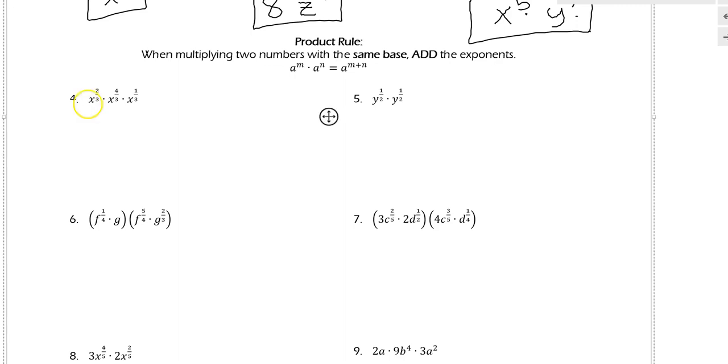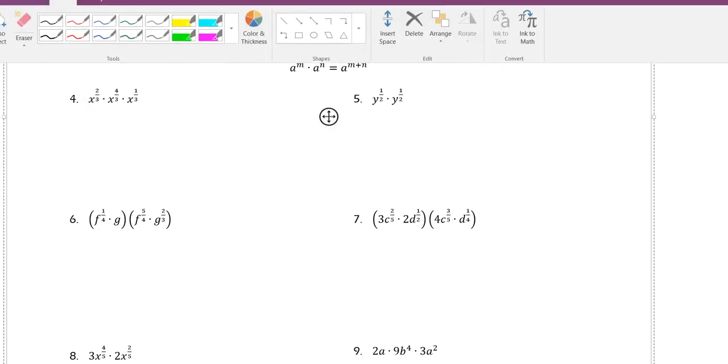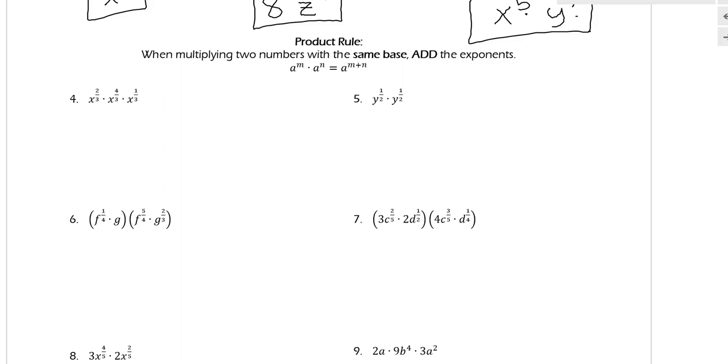So we take our base. All of these have the same base of x. I'm going to write that base down. And then I'm simply adding my exponents. 2/3 plus 4/3 plus 1/3.